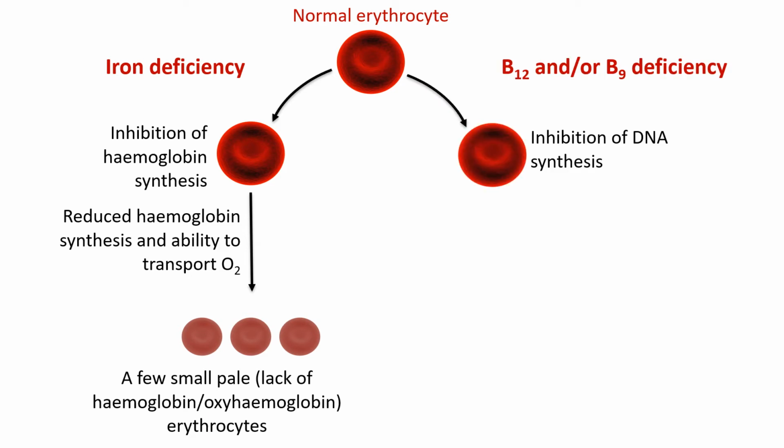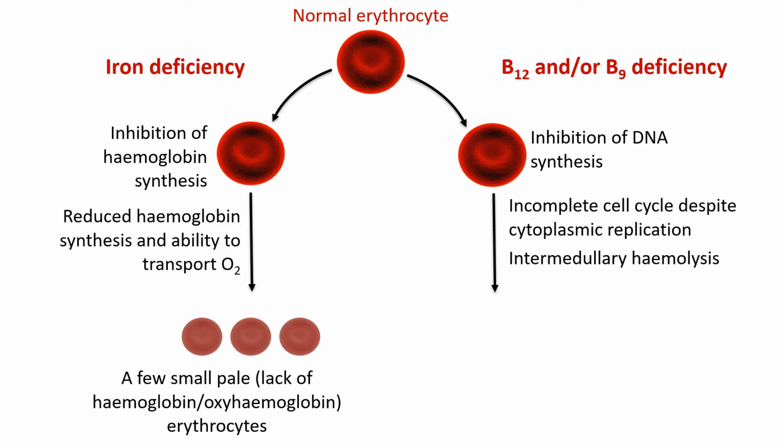In megaloblastic anemia, we have a deficiency of B12 and or B9. Because of this, we get this inhibition of DNA synthesis. So erythrocytes can't go through the normal cell cycle and can't replicate, can't proliferate.